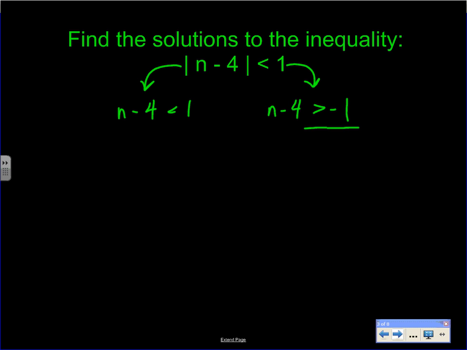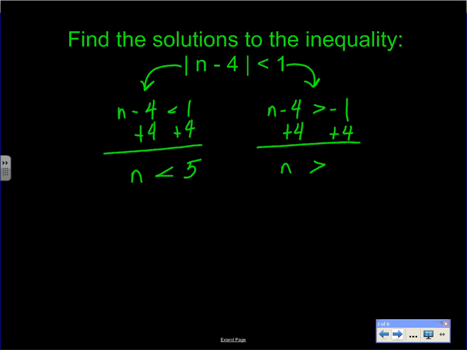And now we just solve those out. Add 4, add 4. N is less than 5. We're going to add 4. We're going to add 4. N will be greater than 3.